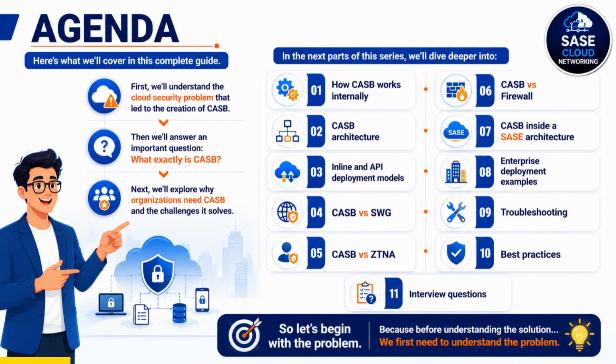Today's agenda. Here's what we'll cover in this complete guide. First, we'll understand the cloud security problem that led to the creation of CASB. Then we'll answer an important question: what exactly is CASB? Next, we'll explore why organizations need CASB and the challenges it solves.